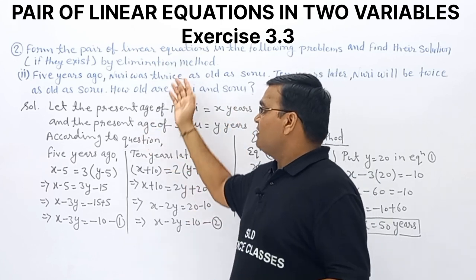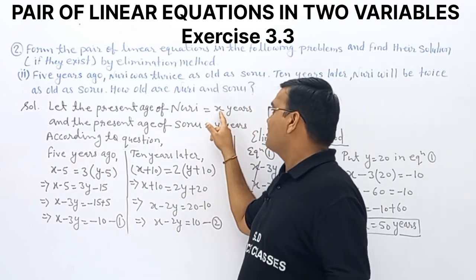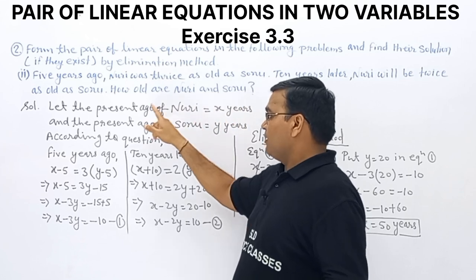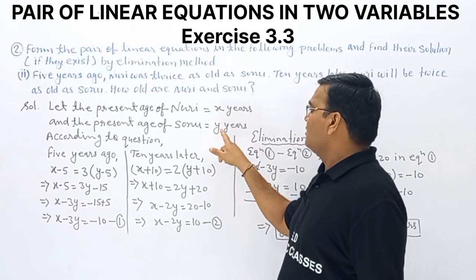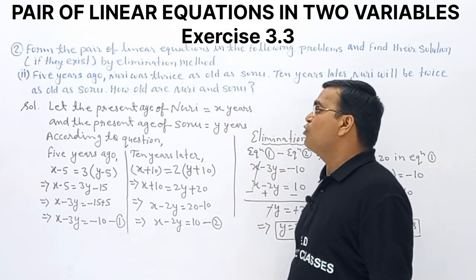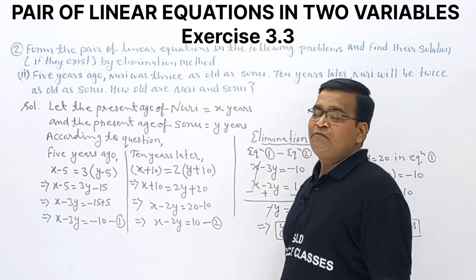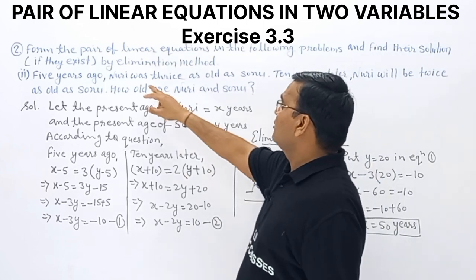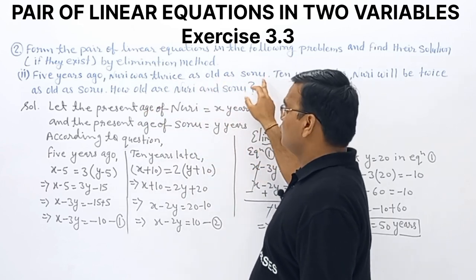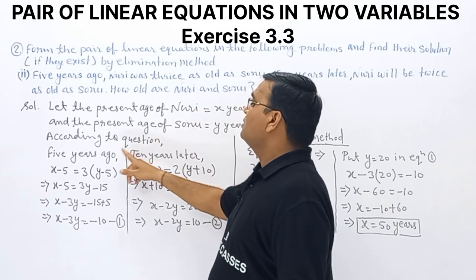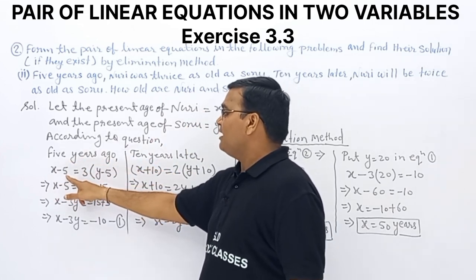Then as per the condition 5 years ago, we subtract 5 from these values. x minus 5 will be the age of Nuri 5 years before, and y minus 5 will be the age of Sonu 5 years before. As per the question, Nuri was thrice as old as Sonu 5 years ago.